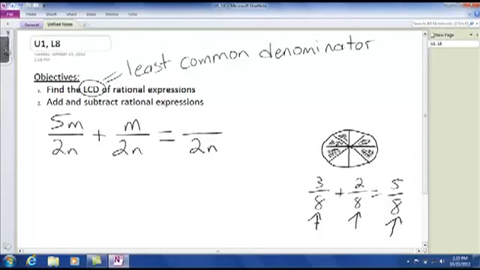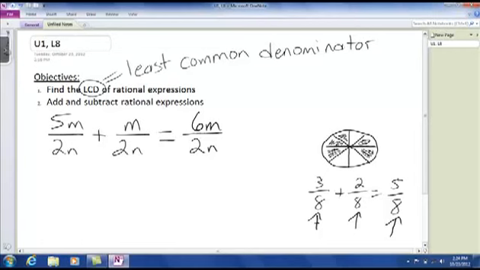That's a bit of a silly juvenile example, but it gets the point across that when you're adding fractions, the denominator never changes. So back over here to our example, where I have 5m plus m, well, that's going to be 6m over 2n. And whenever you add fractions, you should always look to see, can this thing reduce?